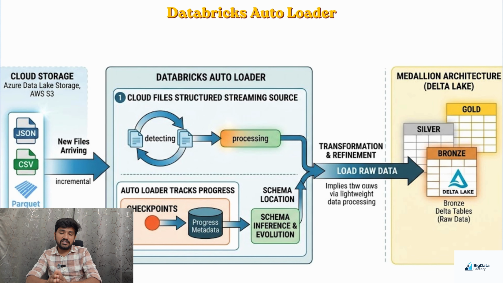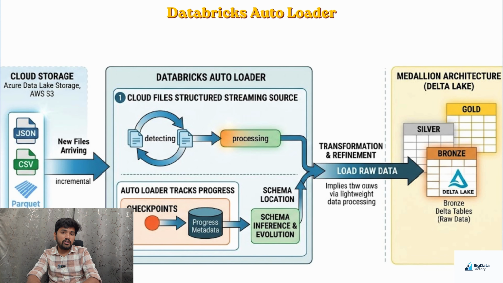Now let's convert this into an interview-style answer. If someone asks you, what is Databricks Auto Loader? You can say this. Autoloader is Databricks' incremental file ingestion feature. It uses the cloudFiles structured streaming source to detect and process new files arriving in cloud storage. It is commonly used to load raw data into bronze Delta tables in Medallion Architecture.